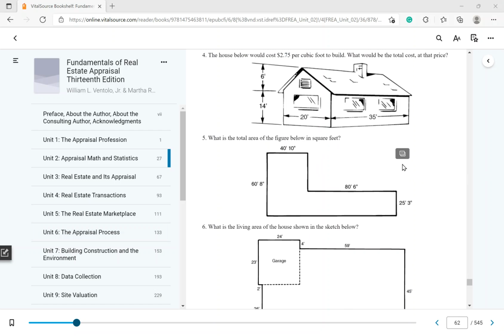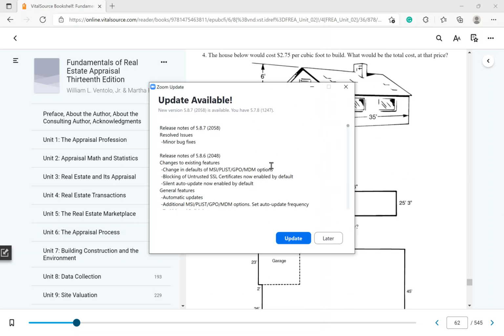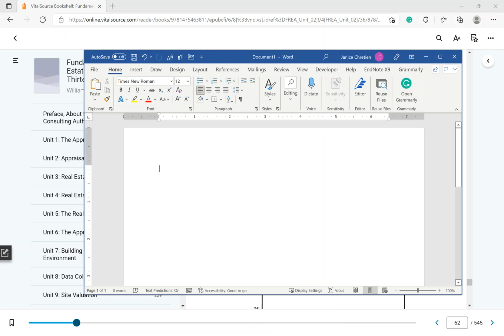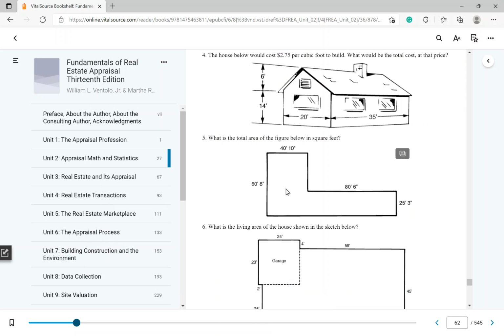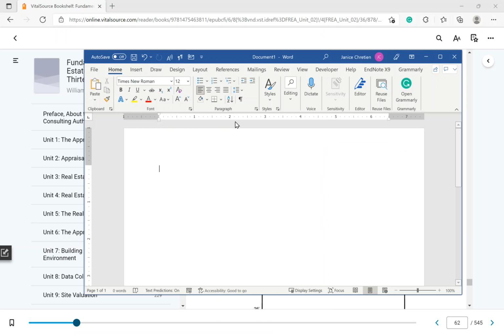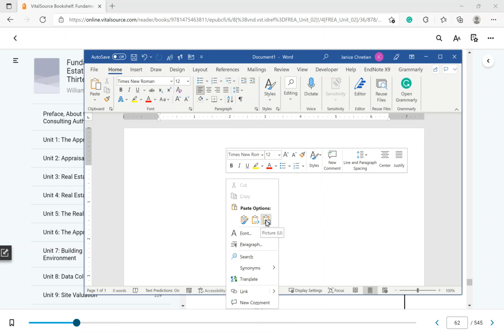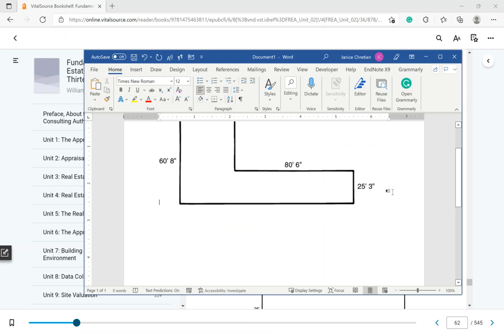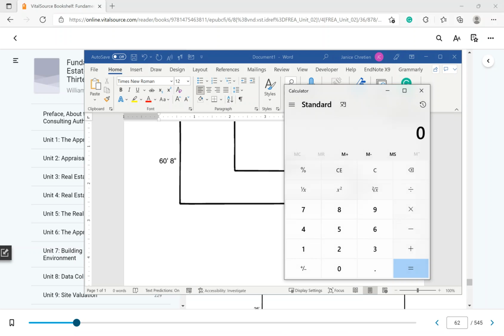In question 5, they play with this a little bit because they give us feet and inches. So we've got to do a little bit of conversion there. And again, let me copy this picture. So they say 40 feet and 10 inches. So the way that I approach that is I say, well, there's 12 inches in a foot.